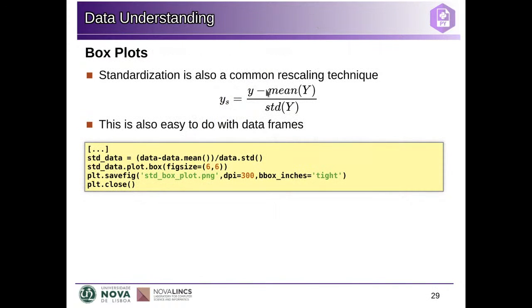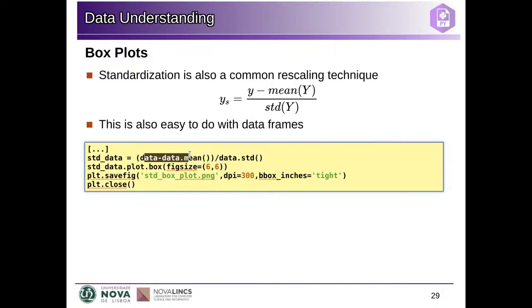With standardization, we are rescaling each data series into a series of values that has a mean of 0 and a standard deviation of 1. So to do that rescaling, we subtract the mean of the values and we divide by the standard deviation. So just to see, this is easy to do exactly the same way.